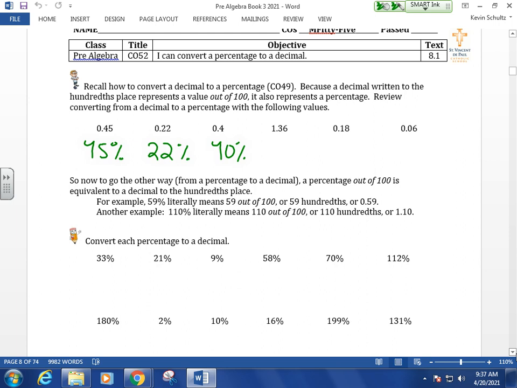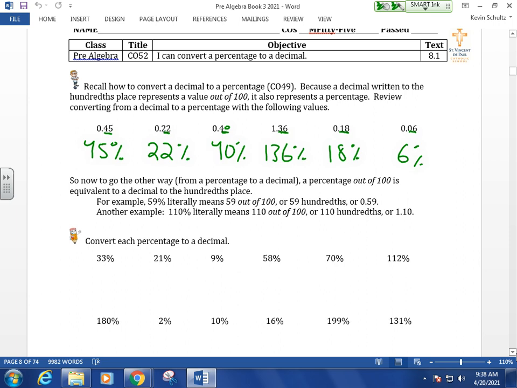Right, we're above one whole, so we're going to be above 100%. What is 0.18 as a percentage? 18%. And what is 0.06 as a percentage? 6%. Right, basically, whatever numbers came after our decimal point, that would be our percentage. Because it's out to the hundredths place, and percentage is all about out of 100.